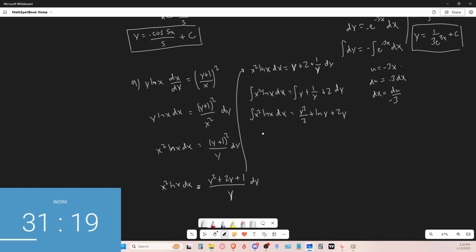Okay, so now we have a couple choices. We could either do this by just integration by parts, or we can do this with the tabular technique. If we do it with tabular, it's not hard. So it's plus, minus, plus. We're going to differentiate this one, and then we're going to integrate this one.